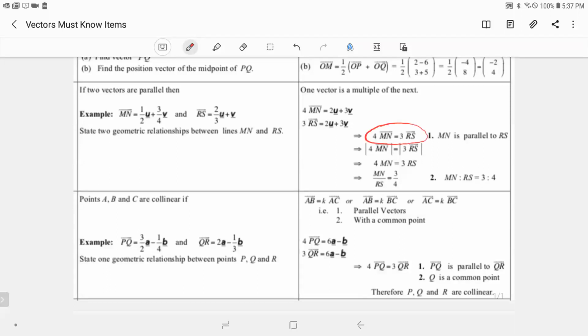That means that they're parallel. In the case of collinear points, you end up with an equation like this. And in the example that we did, like this. That means that they're parallel. In this case, Q is a common point. So the two things there: parallel, and I have a common point. Therefore, the points involved are collinear.